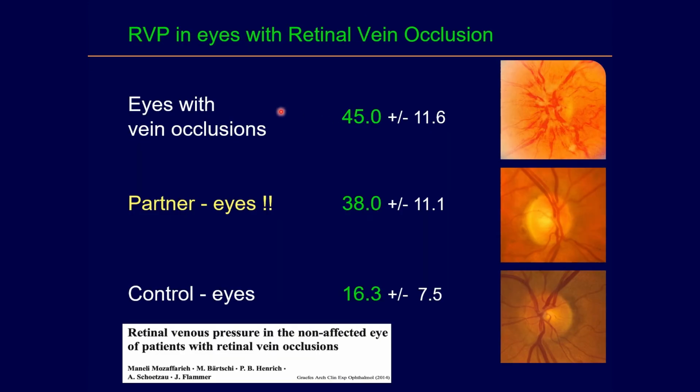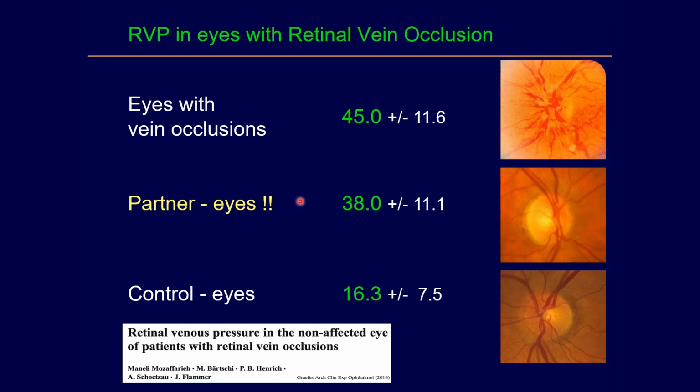It is not surprising that the retinal venous pressure is elevated in eyes with retinal vein occlusion. Rather surprising to us, however, was our observation that the retinal venous pressure was also increased in the clinically healthy partner eye.